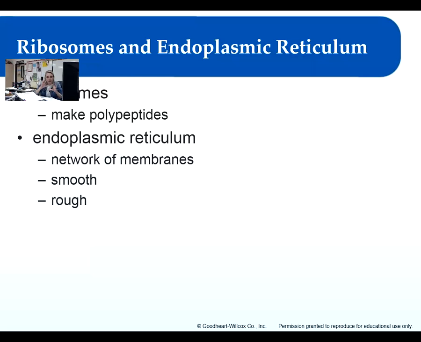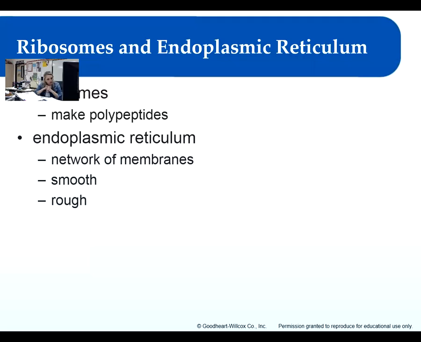There are two parts: the rough endoplasmic reticulum, or ER, and the smooth ER. The rough one is rough because it's studded with ribosomes. So that is where protein synthesis takes place. It's where proteins are made in our cells. Okay.